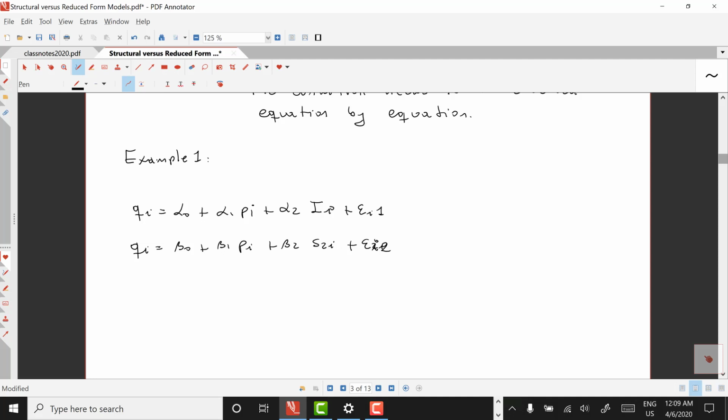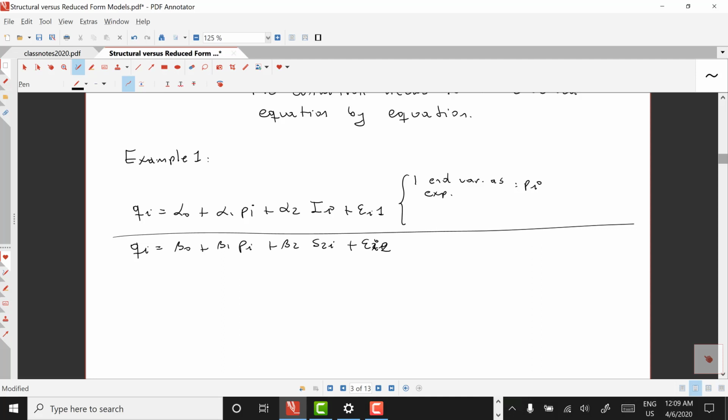Okay, so let's see if the other condition is satisfied. How many endogenous variables do we have in the first equation? We have one endogenous variable as explanatory variable, and that's pi. How many exogenous variables do we have in other equations?